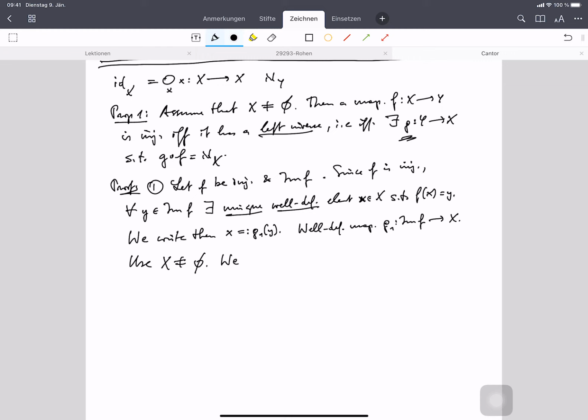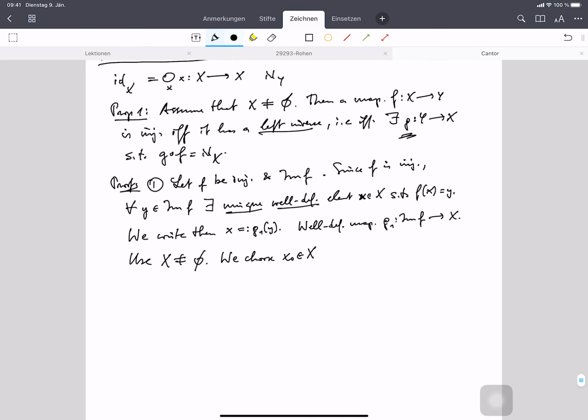We can therefore, since it is not void, choose an element x0 in X arbitrarily and define g from Y to X by g of y equal g1 of y if y is in im f, and x0 otherwise.